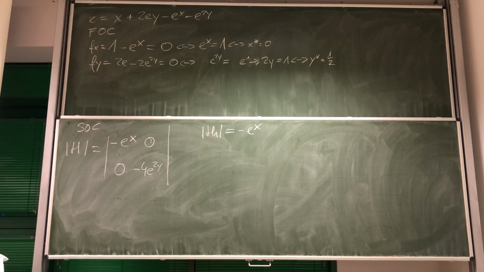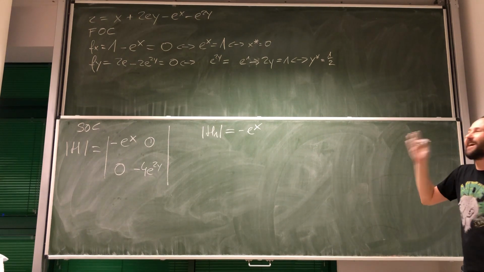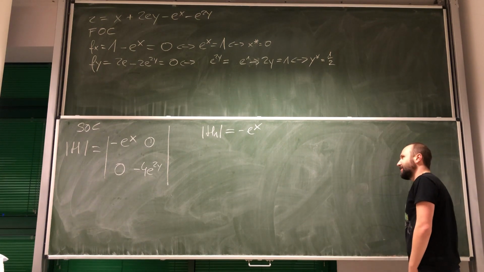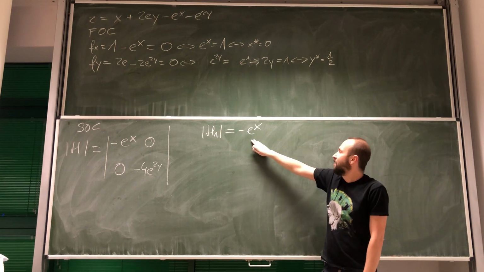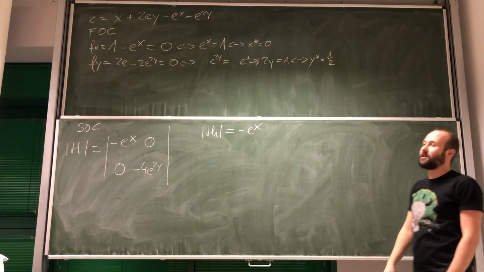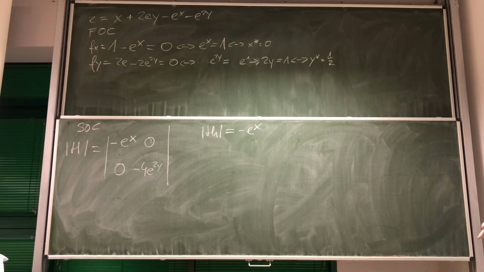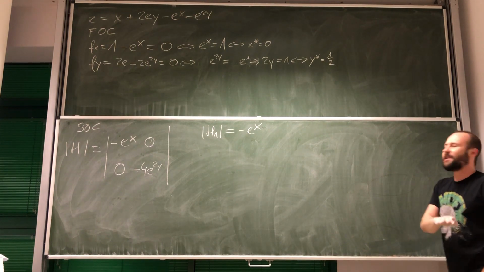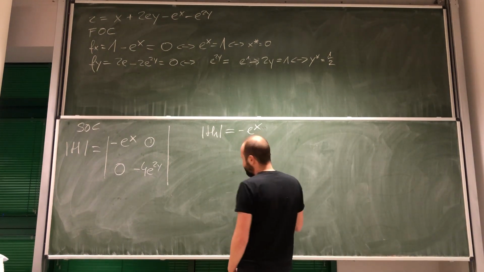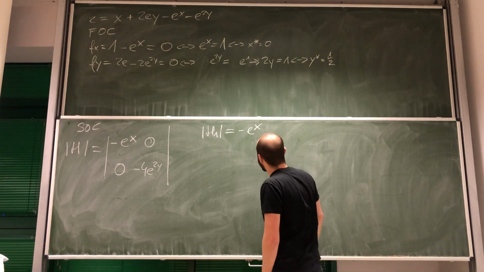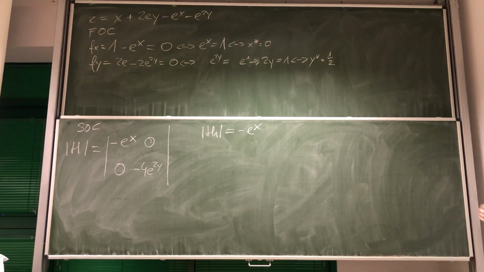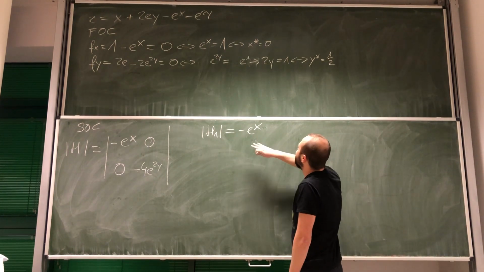Now, the thing is, at this moment, I already know that this value here is negative. How? Look, it doesn't really matter what I replace instead of x. This is definitely going to be negative because e taken to any imaginable real power is a number bigger than 0, but with minus at front, this is definitely negative.